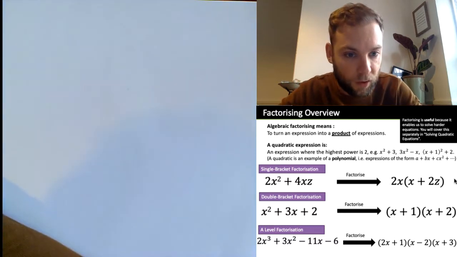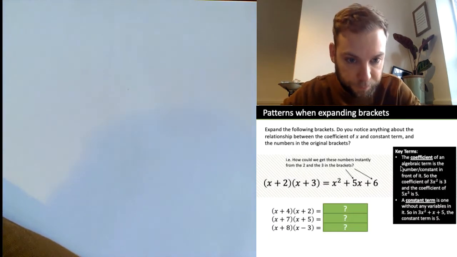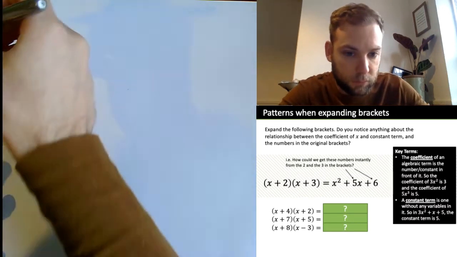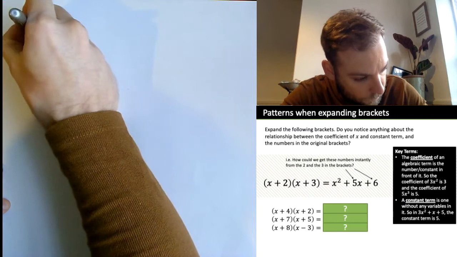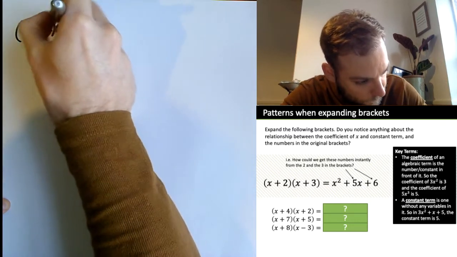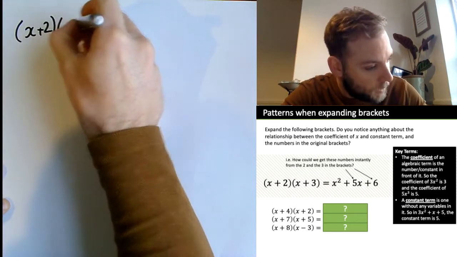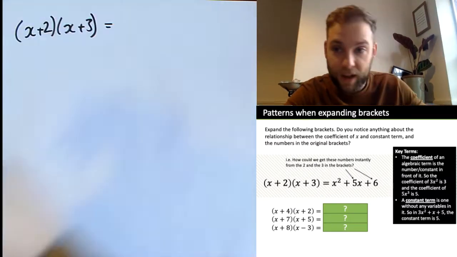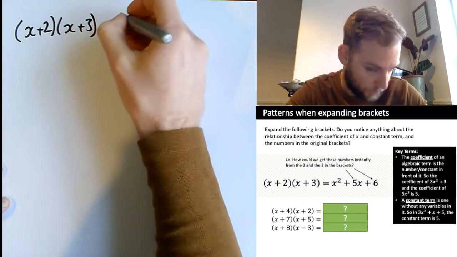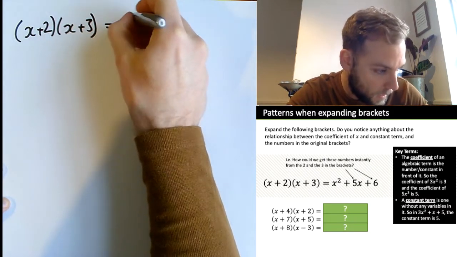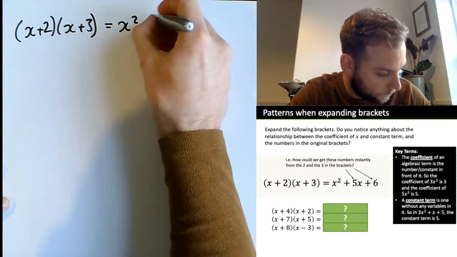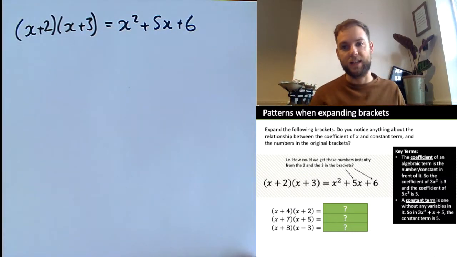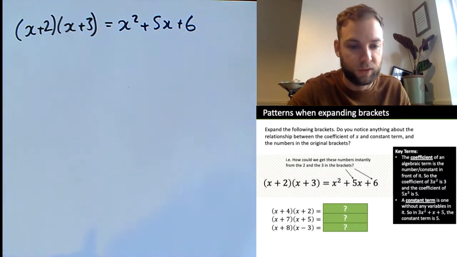We're going to have a look now at a few questions. Here I've got (x + 2)(x + 3), and if I work that out by expanding the brackets, you can see that the solution is x squared plus 5x plus 6.